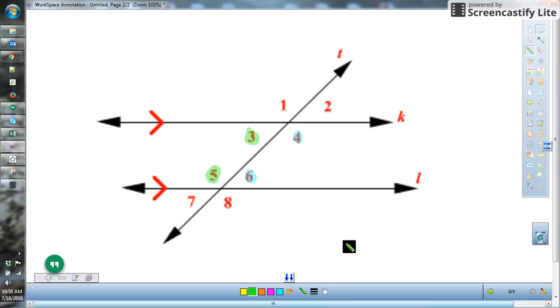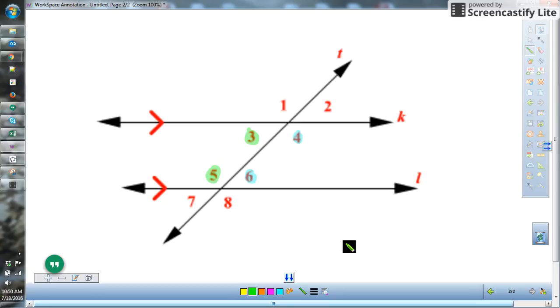So if I'm talking about angle 6, the consecutive interior angle to it is going to be angle 4, and really only angle 4, as angle 3 is not going to have the same relationship with it. Even though it's interior, it's not considered consecutive because it's on the other side of that transversal. So the one angle that's consecutive interior to angle 6 is angle 4.